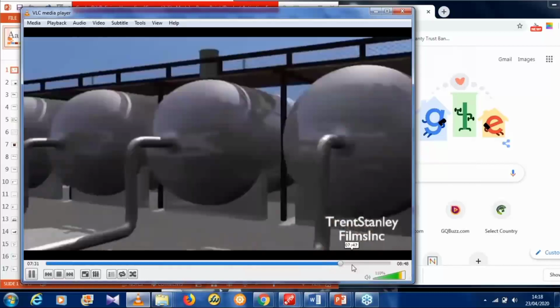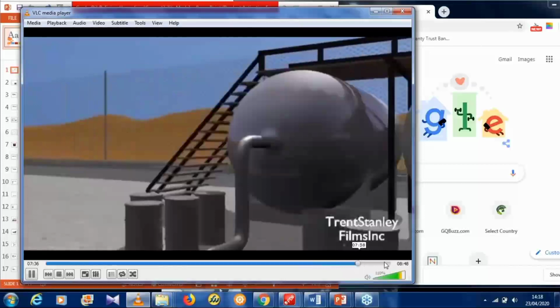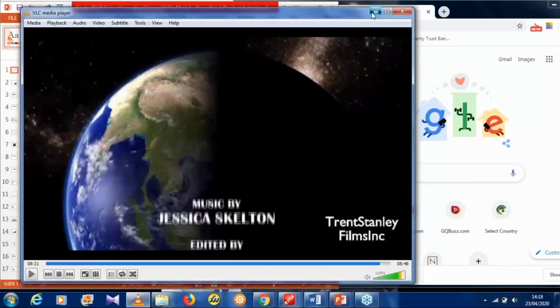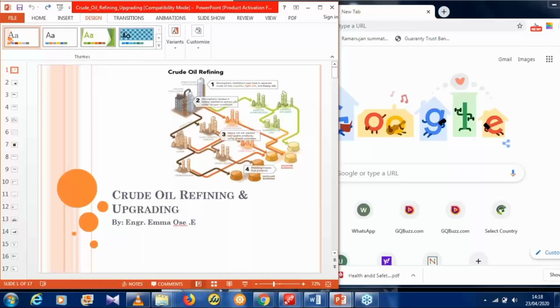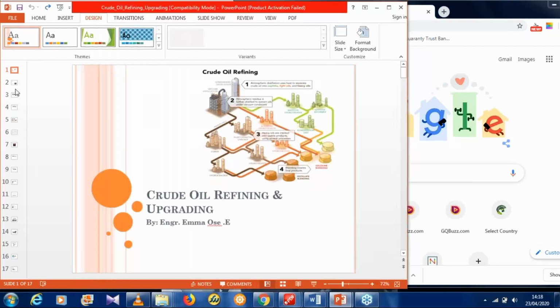These are also separators. This is just an example of what happens in the petroleum industry or in the refinery.